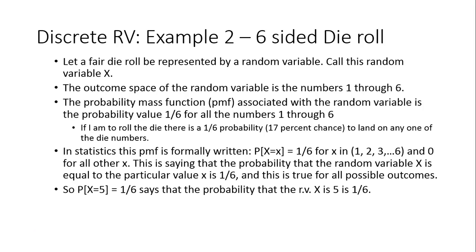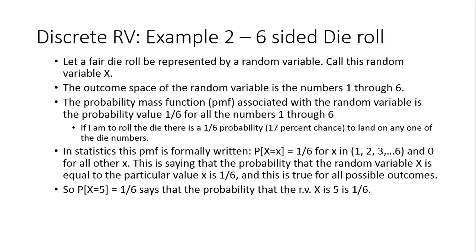Another example. Suppose instead of a coin, I roll a die. You guys know what a die is, right? A die has 6 sides and has the numbers 1 through 6 on it. So now I have numbers instead of heads and tails, so there's no need to represent other numbers with those numbers.